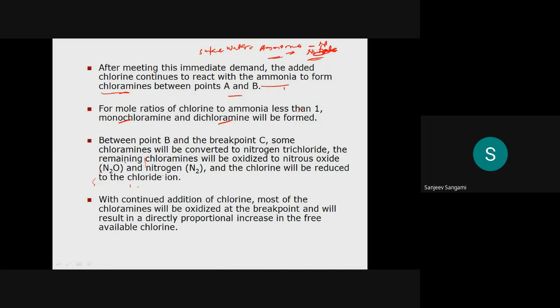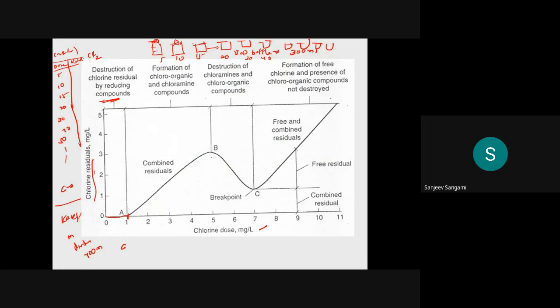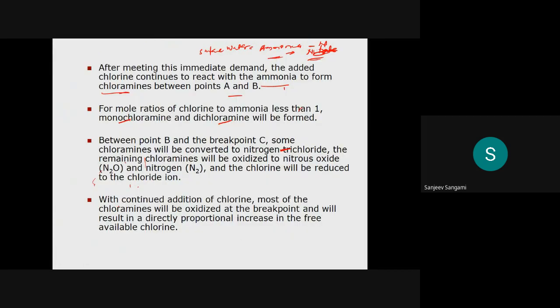Between point B and point C, some chloramines will convert into nitrogen trichloride. From B to C, this conversion is going to happen. The remaining chloramines will be oxidized to nitrous oxide and nitrogen. The chlorine will be reduced to chloride ion here. This is very important.